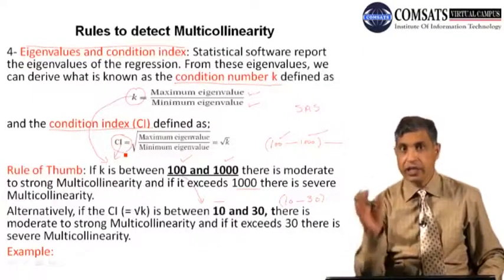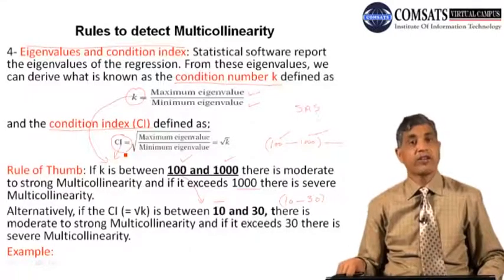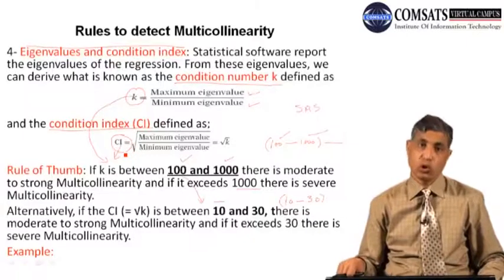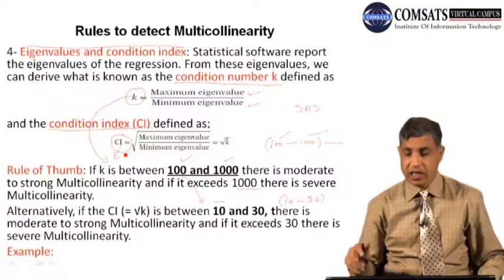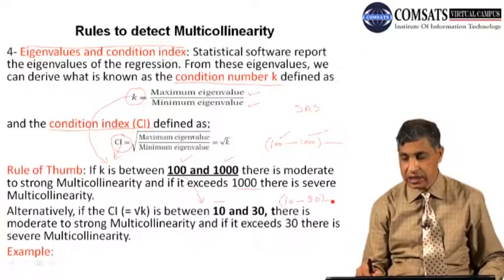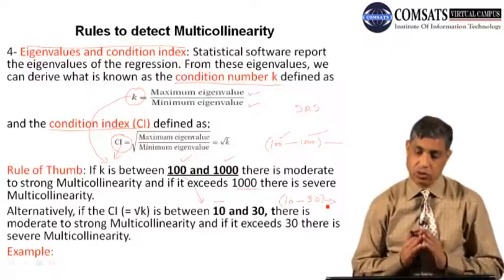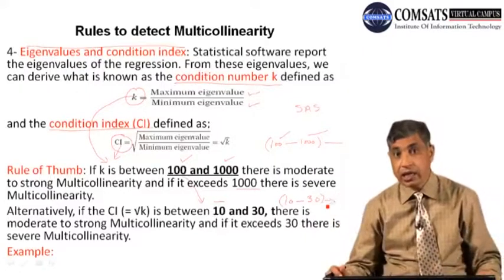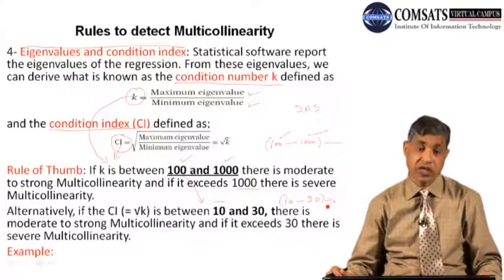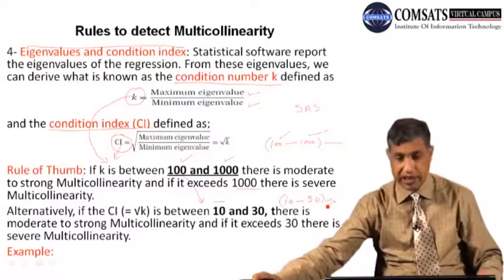As you are very near to 30, there is strong multicollinearity, and if you are very near to 10, there is low multicollinearity. But if the value of the conditional index goes beyond this level, then there is higher and severe multicollinearity. We will explain it with an example.